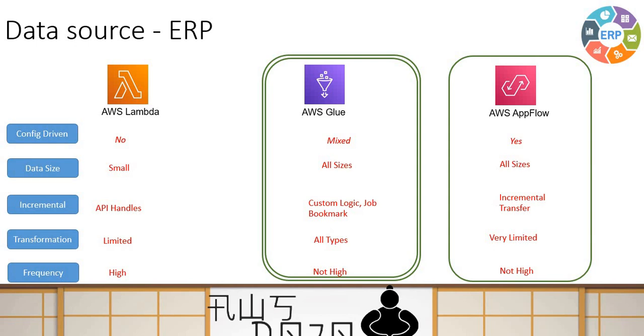In that case, you can write code with the OData interface to ingest the data, and generally this OData interface supports pagination, so you can handle a large amount of data. And in many cases, these ERP systems or applications also provide access to the database. So Glue can actually talk to both API and database. So Glue is a good fallback option if your application is not supported in AWS AppFlow at this point of time.